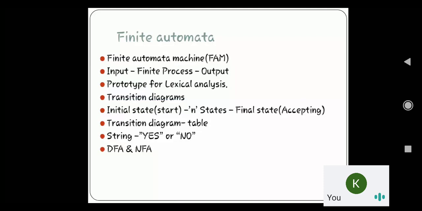Whatever the label is going to detect over there, we used to construct that particular transition table. In the transition table, in the first column you will have all those sending states, and at the top you will have the field names, the labels that we pass over there, which act like field names for us.